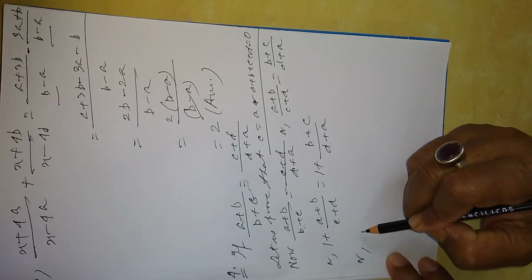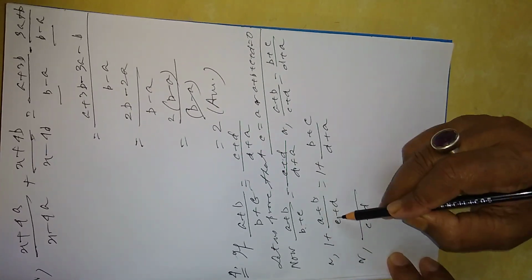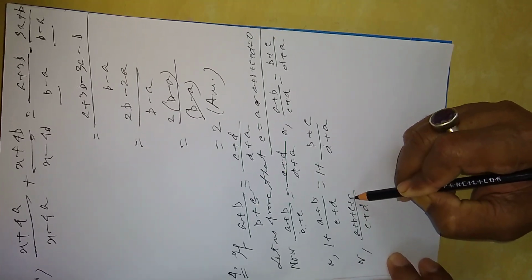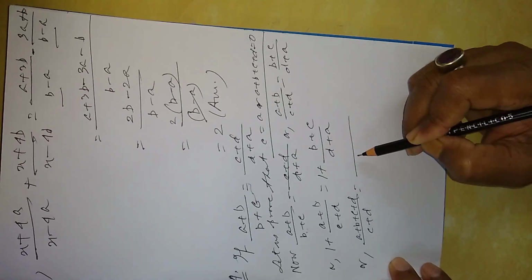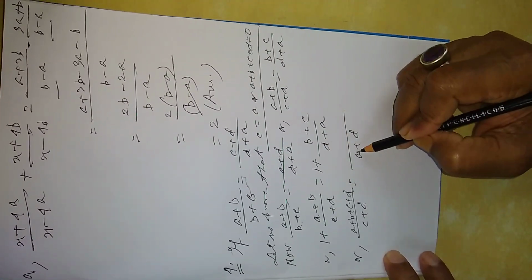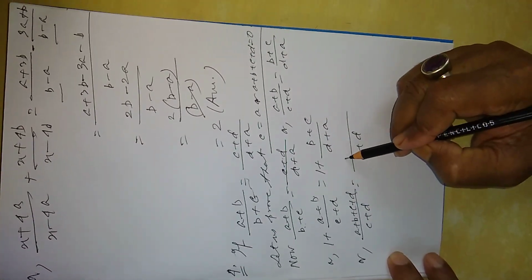Now what will happen here? c plus d is LCM. So a plus b plus c plus d, a plus b plus c plus d. Similarly, d plus a or a plus d LCM. d plus a or a plus d, that is the same thing. So a plus b plus c plus d, write it here.